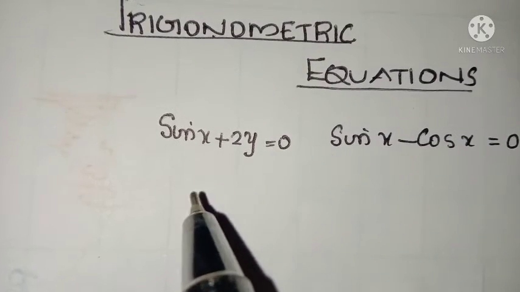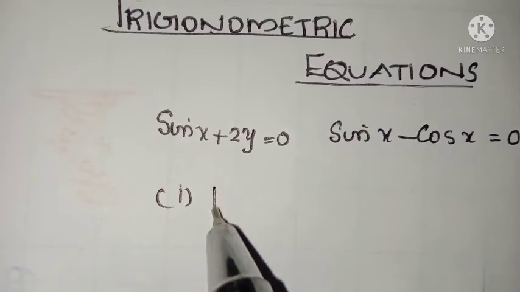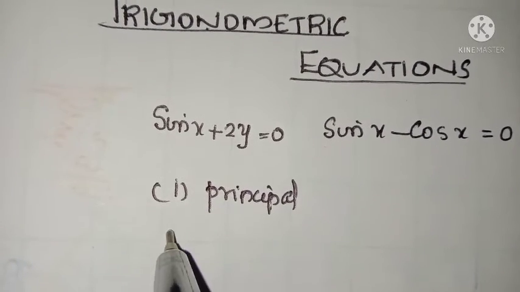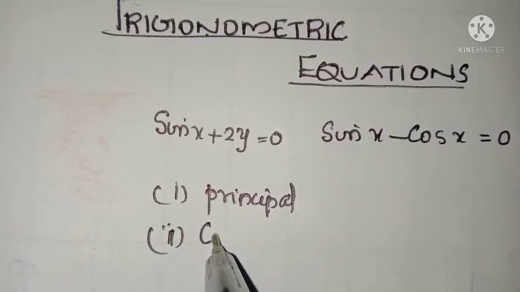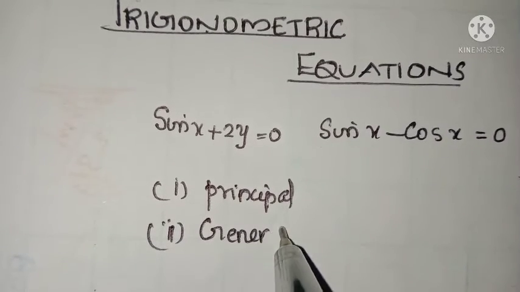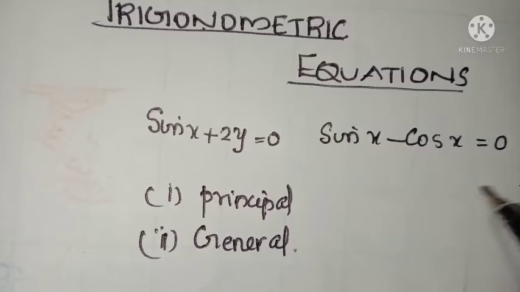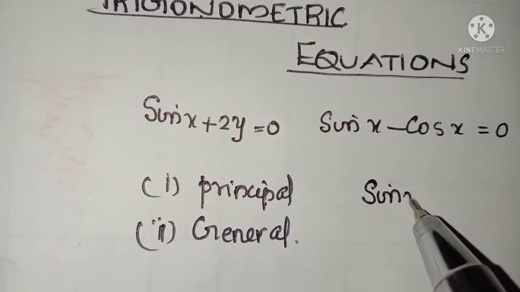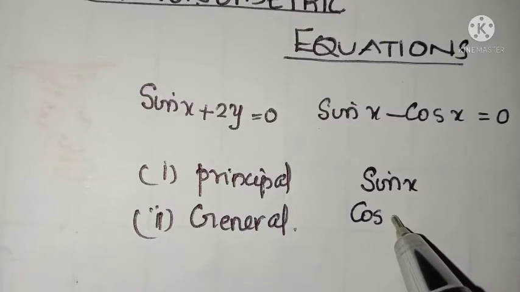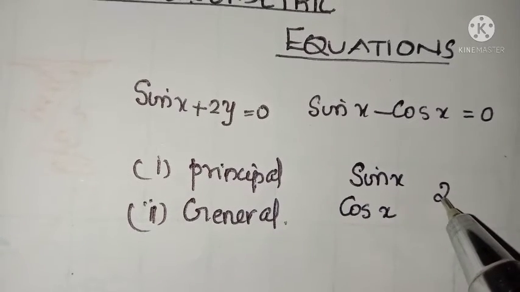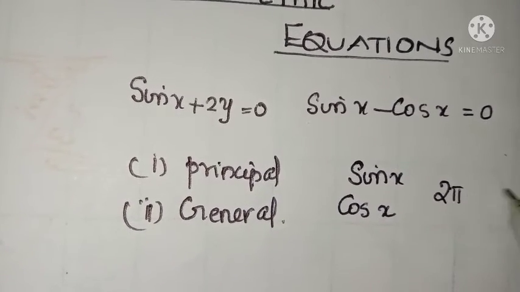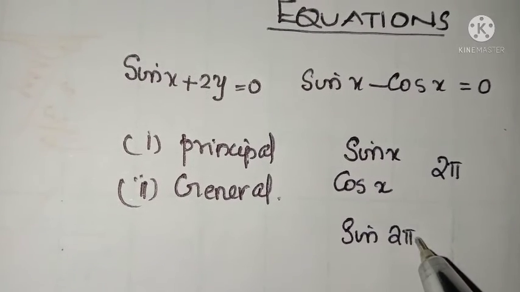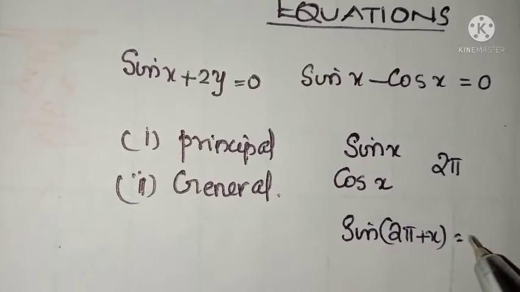Listen, there are two types of solutions. One is principal solution and the second one is general solution. Okay, principal solution as well as general solution. We already learned that the value of sin x and the value of cos x repeat after a 2 pi interval of period, that is, sin of 2 pi plus x equals sin x.